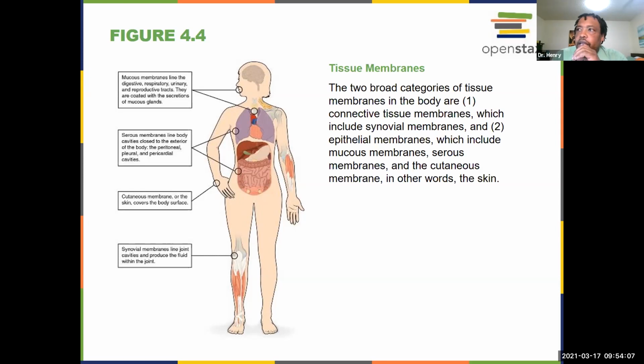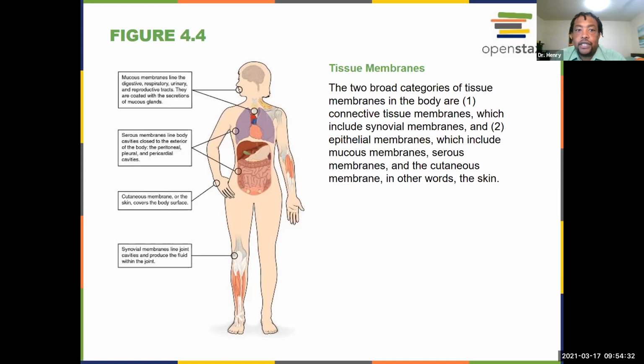So anything that kind of makes slime, mucus, right? So that's going to be your epithelial. In the case of our skin, our skin gets a little clammy and sticky from all the sweat and stuff like that. So that would be an example of that.